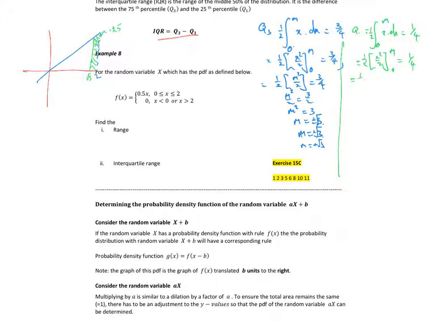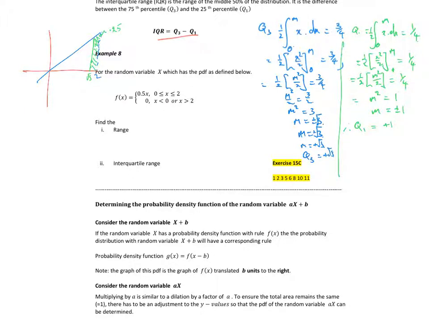So it's equal to 1/2 of m squared on 2. So we've got multiplied by 2, multiplied by 2, so I've actually got m squared is equal to 1, so m equals plus or minus 1. Therefore Q1 is equal to positive 1. In the same way, Q3 is equal to positive root 3.